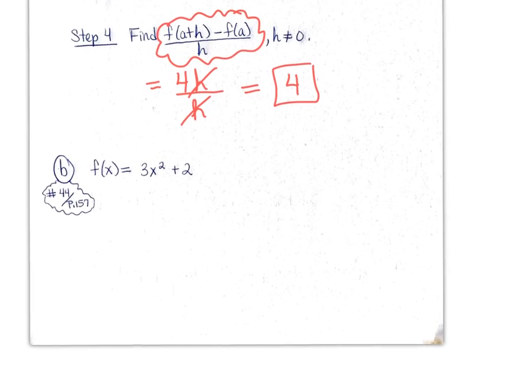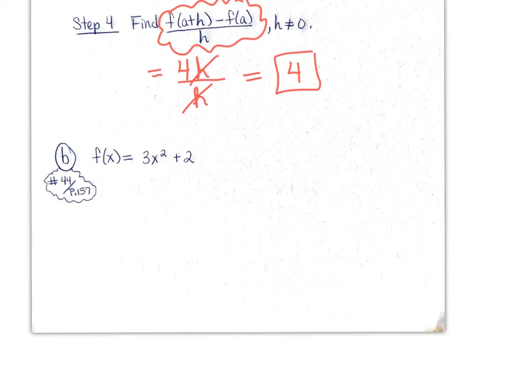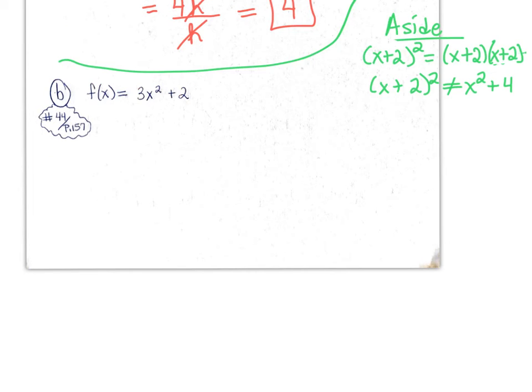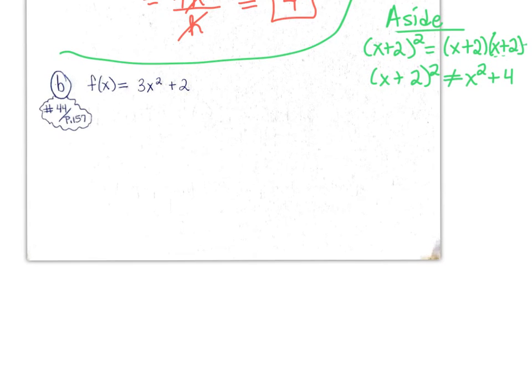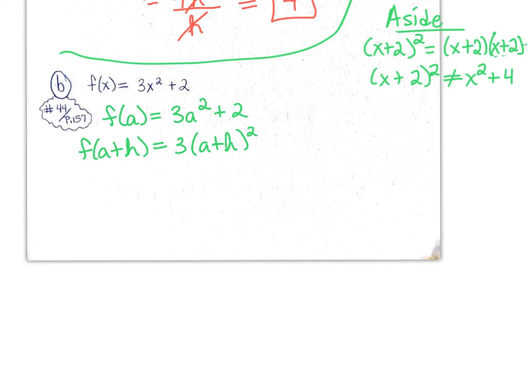Take a couple minutes. Find the difference quotient for the function here: f of x equals 3x squared plus 2. So to find the difference quotient in steps, f of a is equal to 3a squared plus 2. f of a plus h is equal to 3 times the quantity a plus h squared, all of that plus 2.